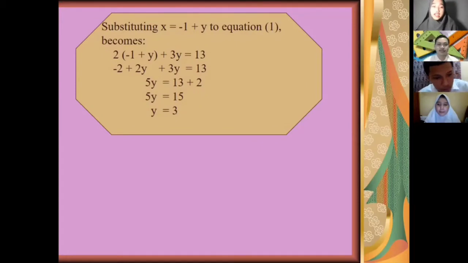Okay, for the next step, still using the same method. Does anyone want to help me answer? Okay, please. By substituting y equals 3 into one of the equations, for example equation 2, x minus y equals negative 1, then x minus 3 equals negative 1, and then x equals negative 1 plus 3.